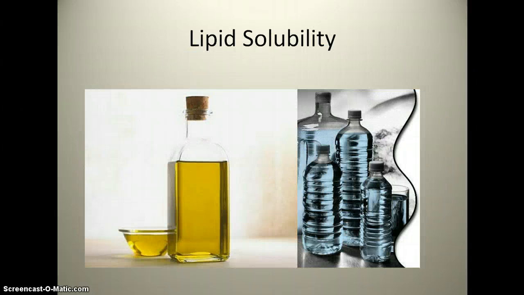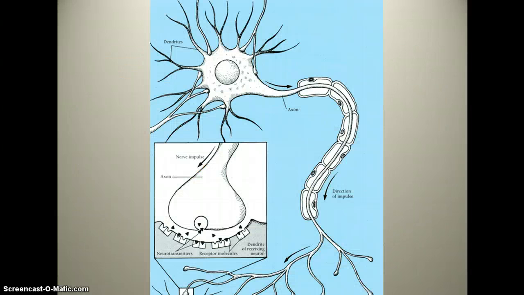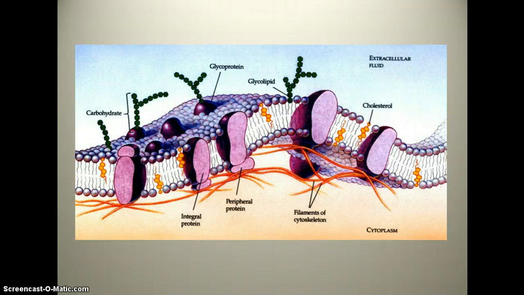What we didn't talk about is lipid solubility. So what we really want is for our drugs to either cross the blood-brain barrier or somehow get into the bloodstream to affect a neuron.